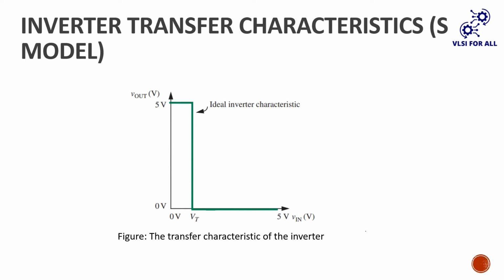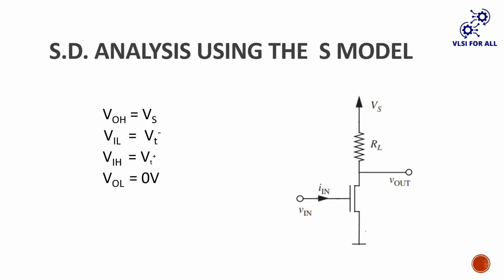There is a maximum current flow, but the output voltage is 0. From this, we can relate static discipline: VOL, VOH, VIH, VIL. For that, you can see the static discipline analysis using the S model.